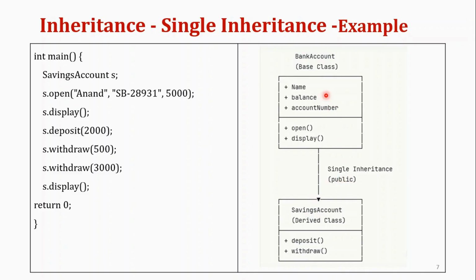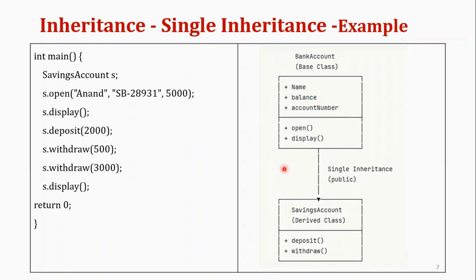The base class attributes are name, balance, and account number, and the two functions open and display. The plus represents public mode, so all are public. The derived class is SavingsAccount. I'm inheriting BankAccount in public mode, so all the member data and member functions of the base class are inherited to the derived class.